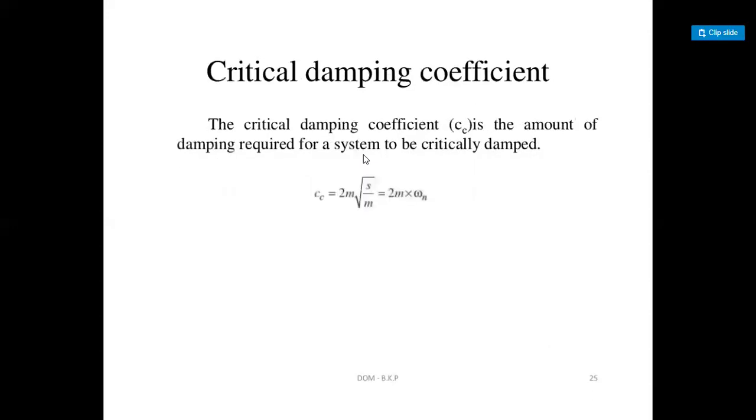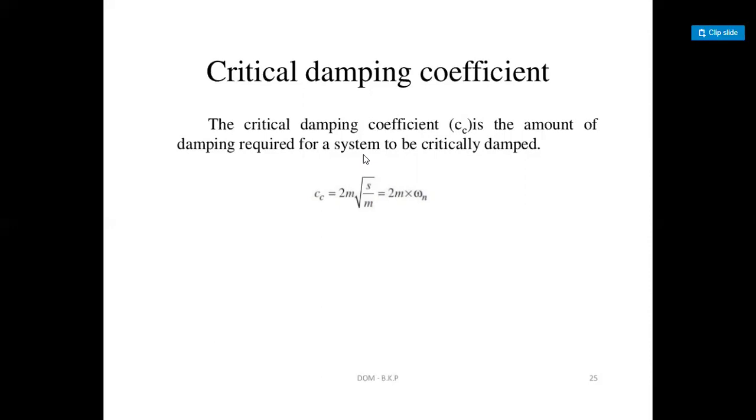Next, critical damping coefficient. The critical damping coefficient is the amount of damping required for the system to be critically damped. When the system is in the equilibrium position and we apply an axial force, vibration is produced.